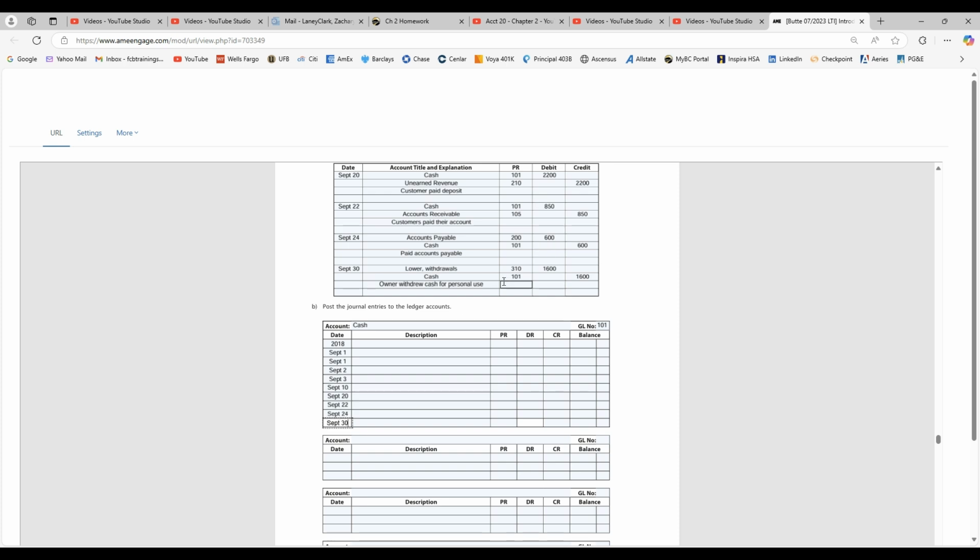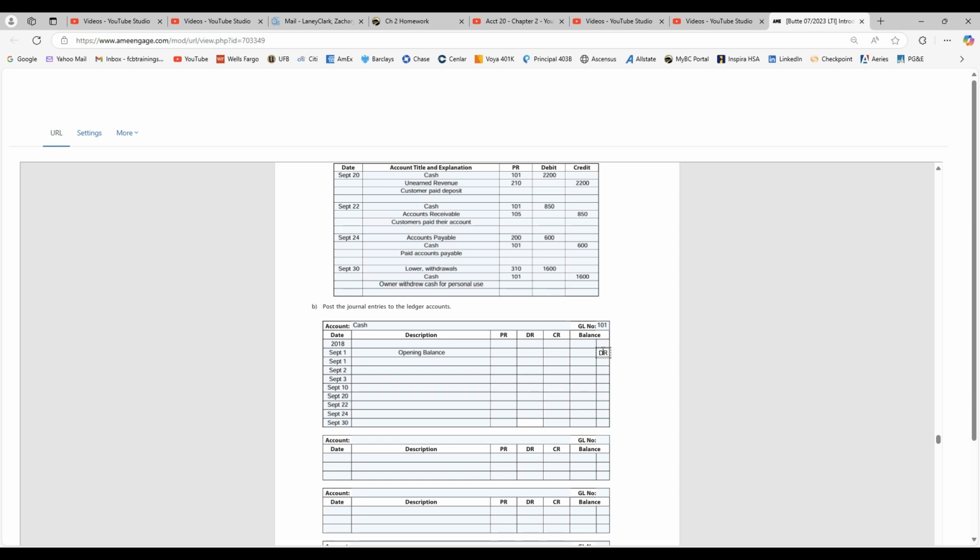When you post an entry, it would carry down to a ledger, without you having to actually do this work. But it's good. It gives you a chance to really practice the mechanics of the whole thing, and how it moves around and how the ledgers work.